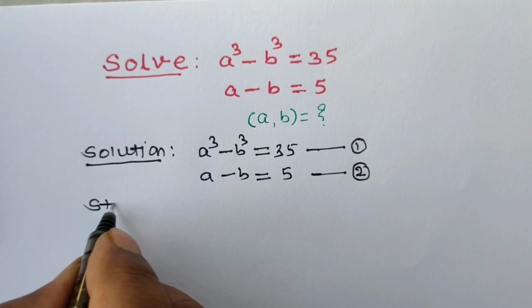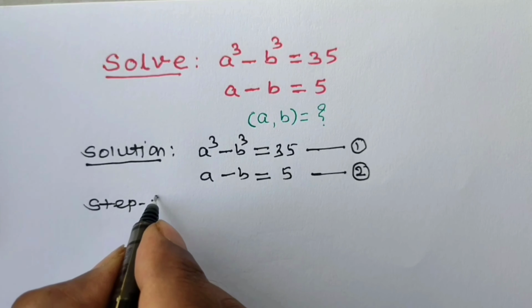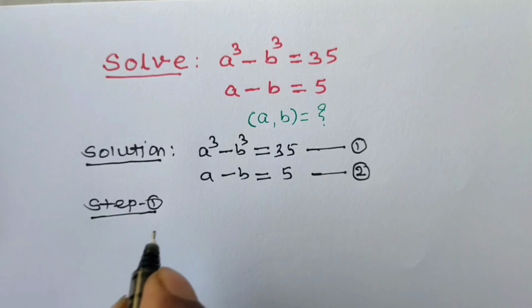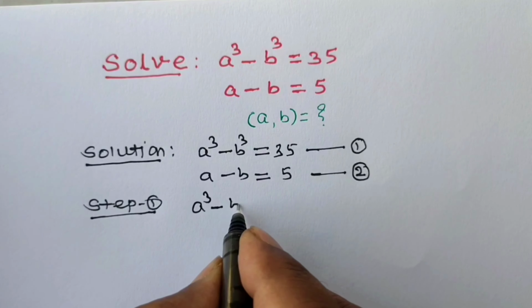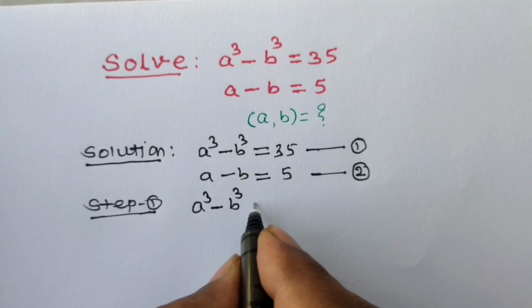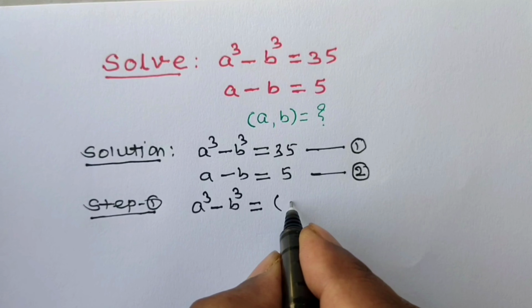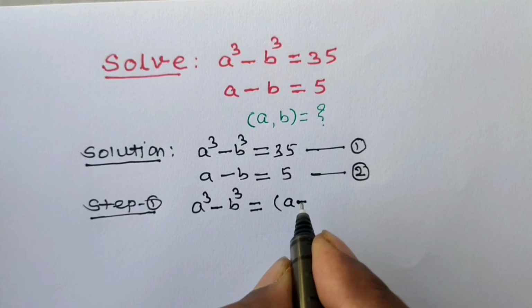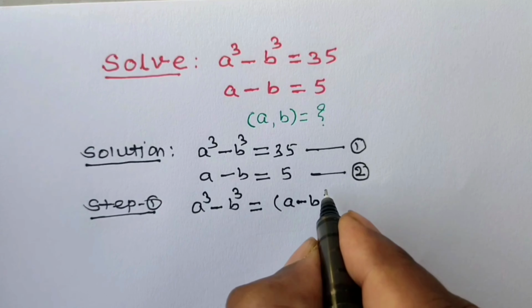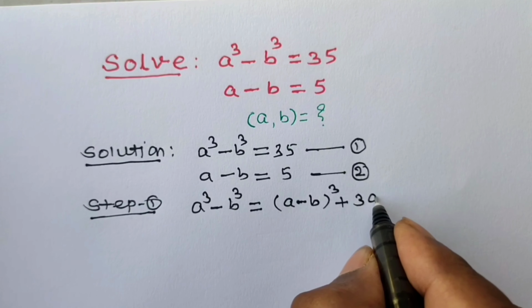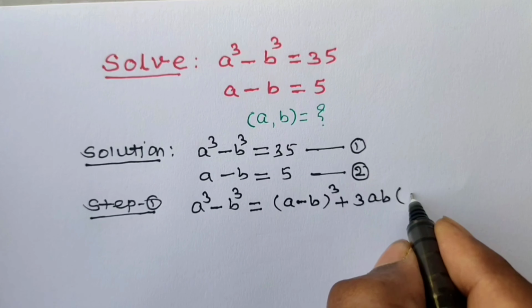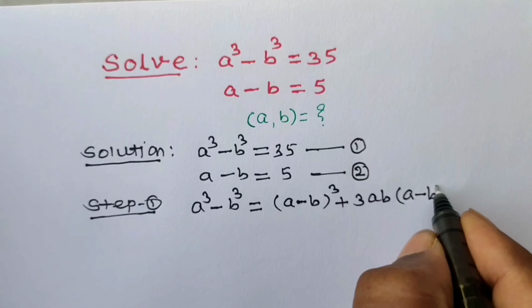Step number 1. In step number 1, a cube minus b cube is given by (a minus b) its cube plus 3 times ab into bracket a minus b.